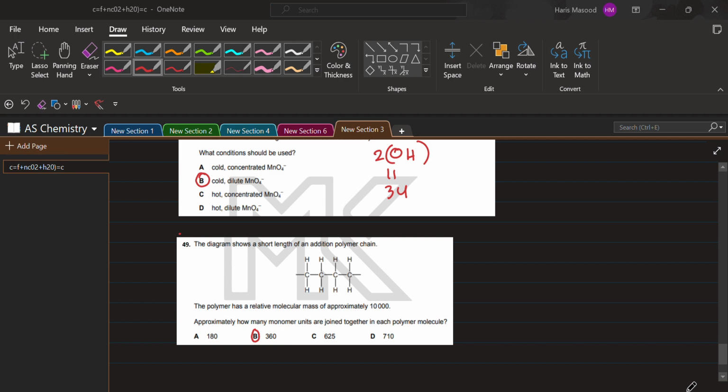Now you just have to place the functional groups that were present: CH2OH, CH3, Br. So this will be placed here. CH2 will be reflected like this, but OH will be here, because if you reflect the OH, then the meaning of that functional group gets changed.